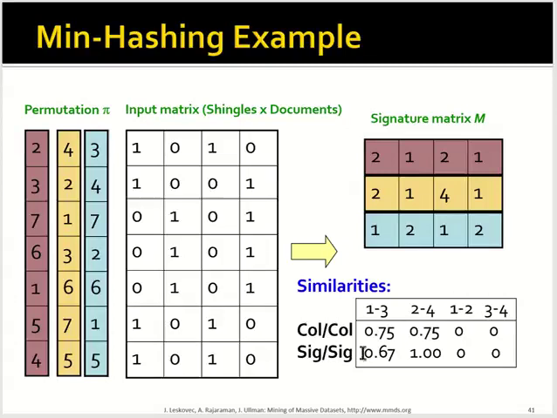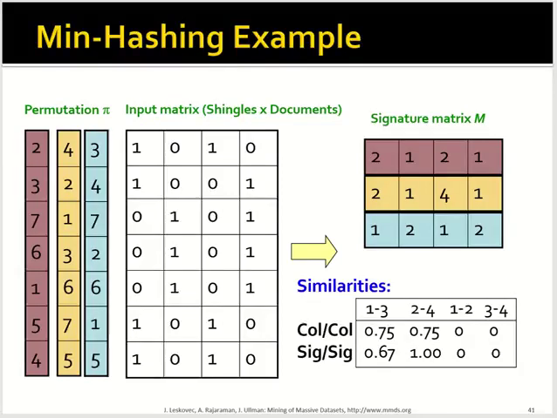If we check the signatures for column 1 and column 3, 2 and 2 are similar, 1 and 1 are similar, so that's 2 out of 3. And for columns 2 and 4, these two are totally identical, so we get a similarity of 1 here.